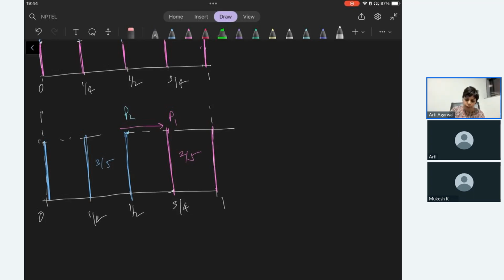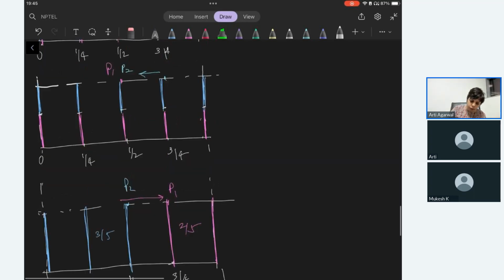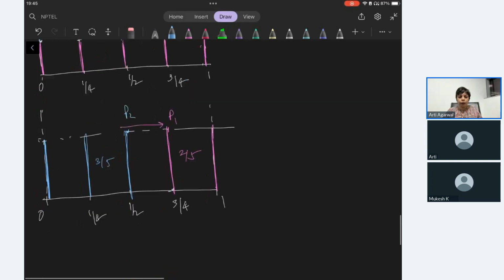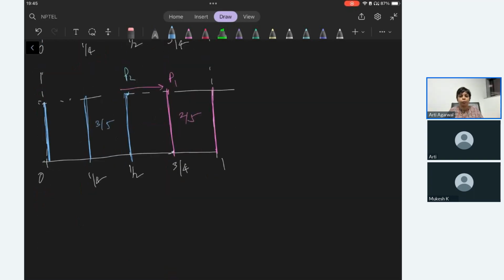Let me write down the vote share here also. The vote share was half and half, right? At the center, he had a vote share of half and half, but now if he moves from the center, he's reducing it to 2 by 5. And the other guy is winning, he's getting 3 by 5. So he's definitely not going to move to the other side. He will decide to come back.